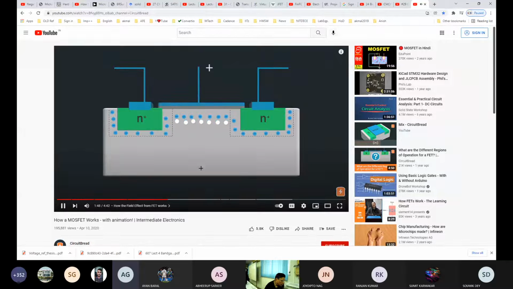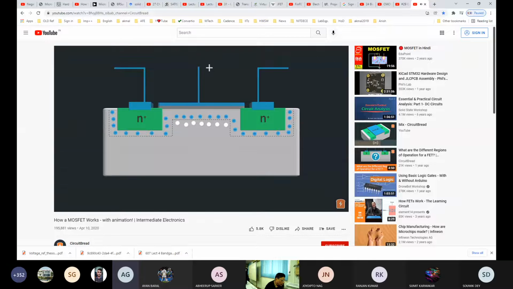As the free holes leave the channel, only negative fixed ions are left, creating a depletion region across the entire channel. Besides this depletion region, an inversion layer of electrons starts to form at the source. Two things are happening. When you apply a positive voltage, first the positive voltage will repel the holes.